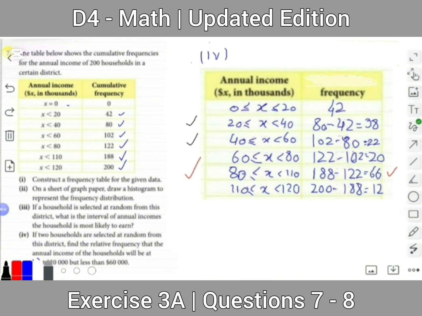So now to find the relative frequency between $20,000 and $60,000, the total frequency for this range is equal to 38 plus 22, and it will give us 60.